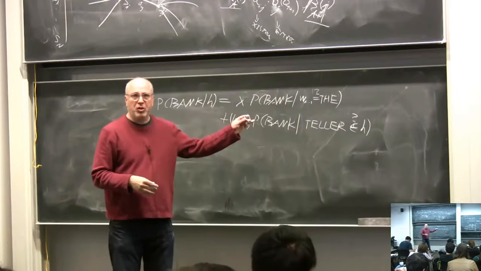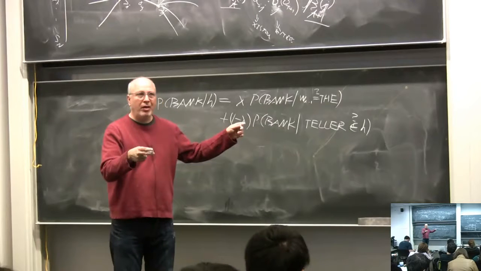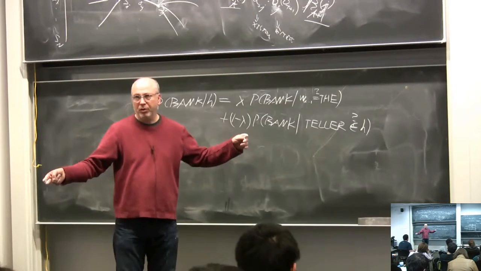I basically build two different predictors of bank. One that only looks at the last word of the history, and another one that only looks at whether the word teller occurred.